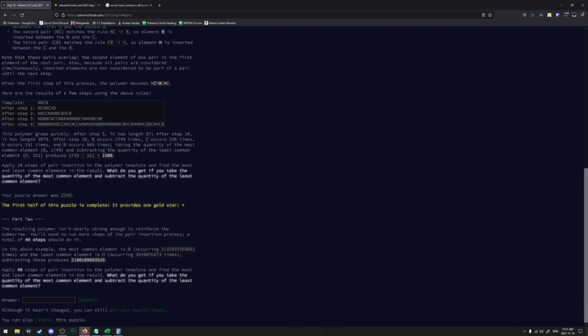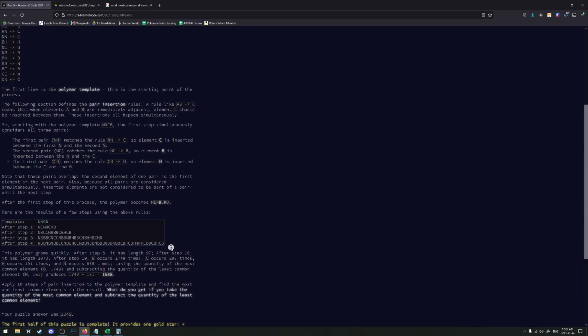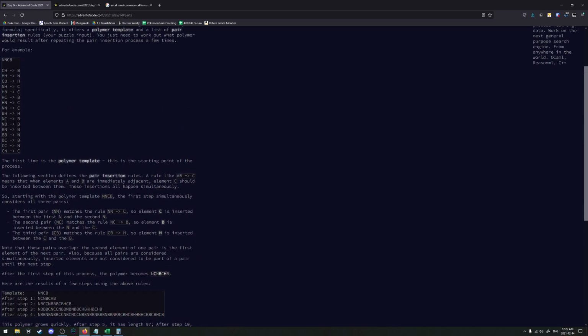Okay. There's got to be a way that I can somehow recurrence relation this. Like, what would any one set of letters become after 40? Would that work? Yeah, because after 40 it would only be 1 million steps.